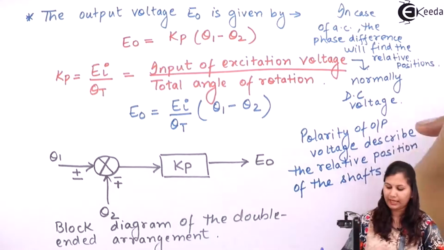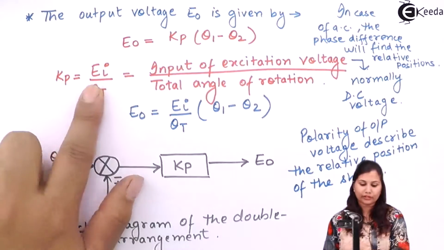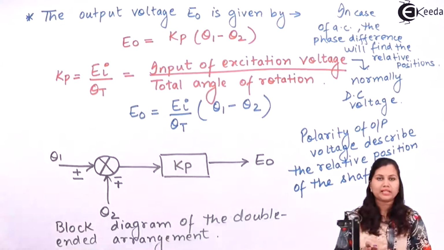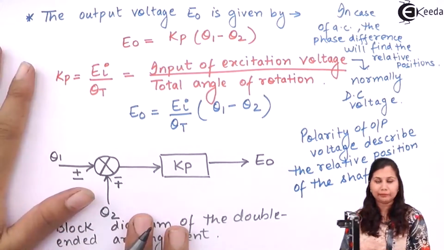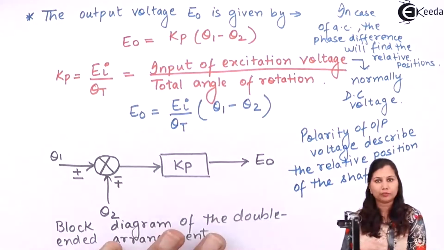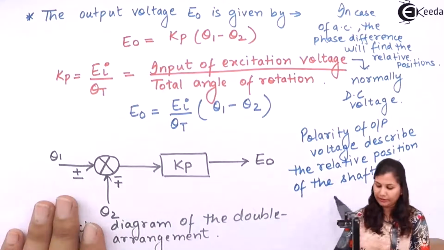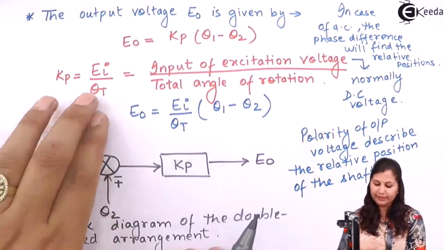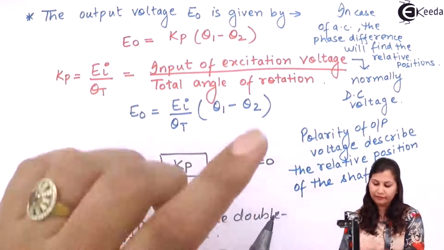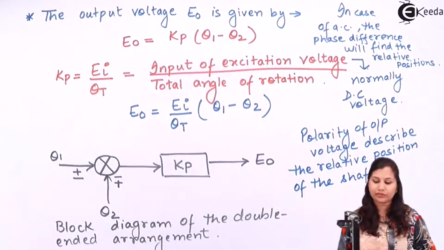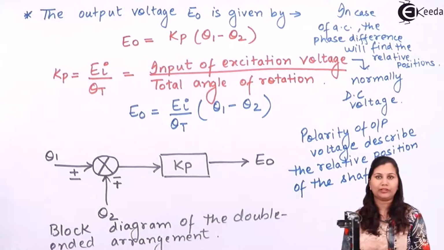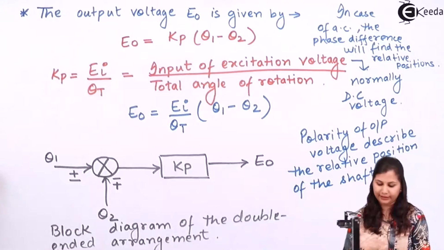So we are saying that the input voltage is normally DC. In the case of a DC input voltage, the polarity of the output voltage describes the relative position, and if it is an AC voltage, then the phase difference between the output voltage and the input voltage will find out the relative positions of the shaft. So this is how the potentiometer can be used as an error detector.